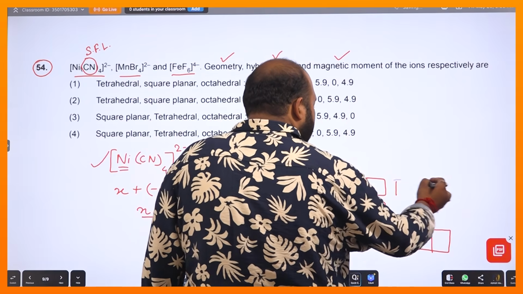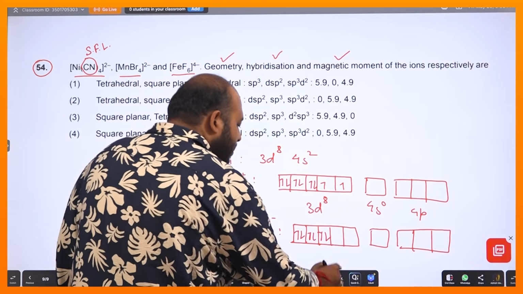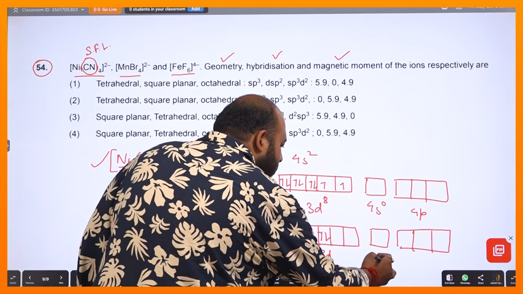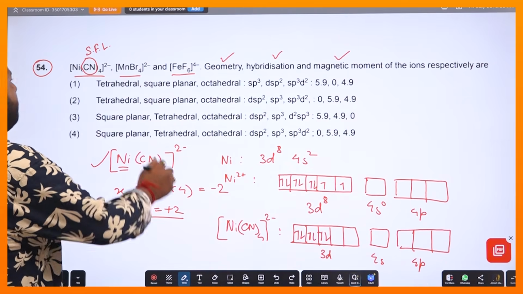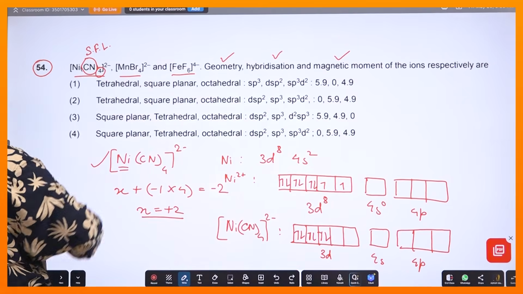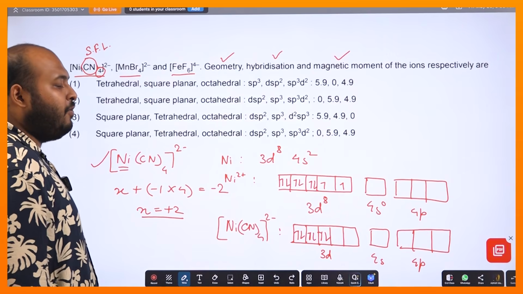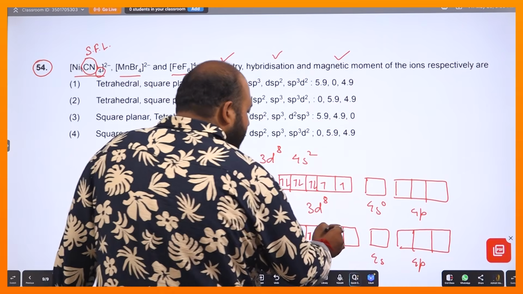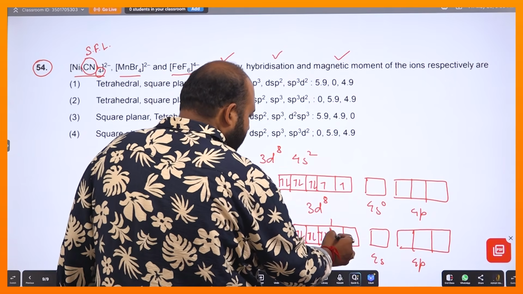There are also vacant 4p orbitals in this case. Always check the coordination number. Here the coordination number is 4, so there will be 4 ligands.